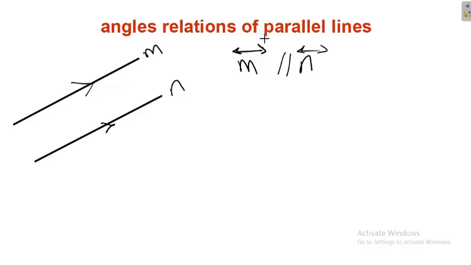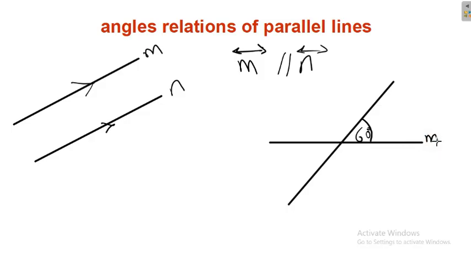Now, if we have a horizontal line like this, and we have an inclined line with the horizontal like this, and if I tell you that this angle is 60 degree, okay, the angle between the inclined line and the horizontal one is 60 degree.